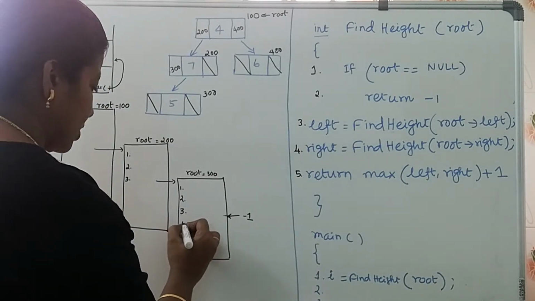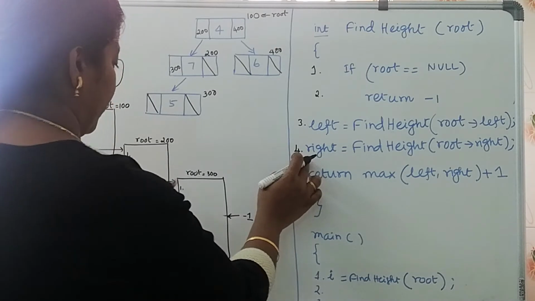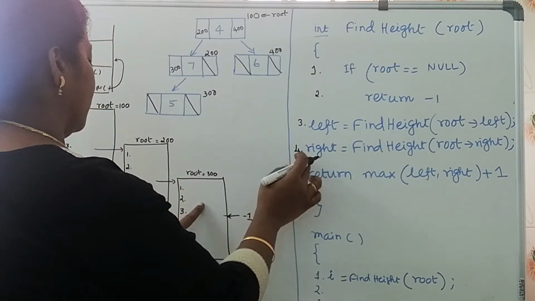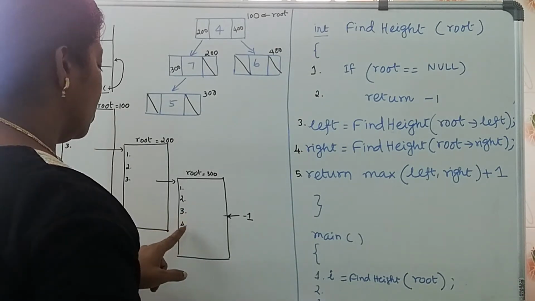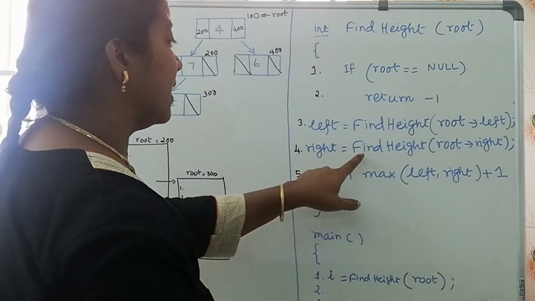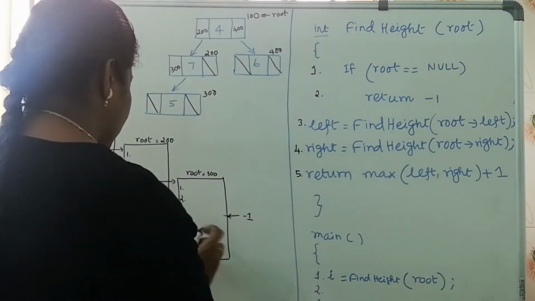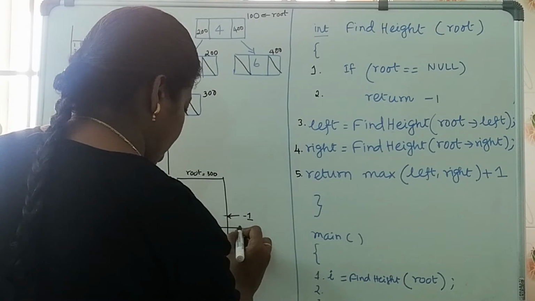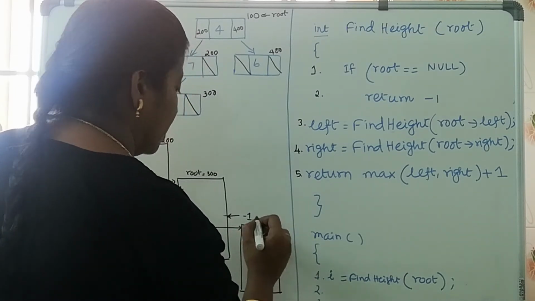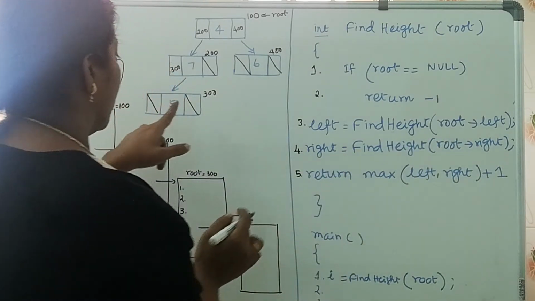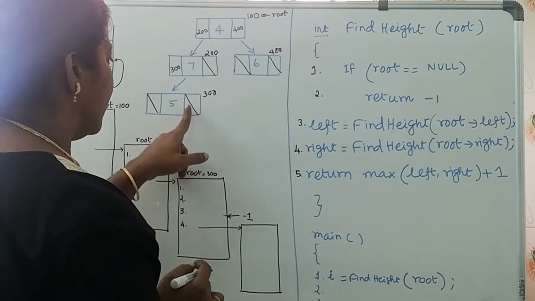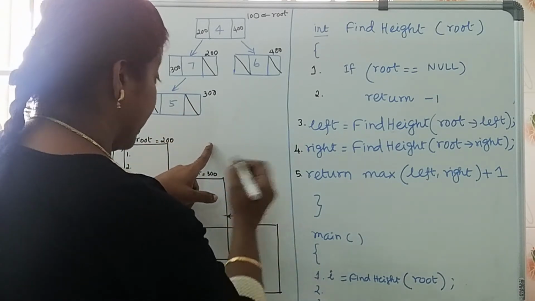Now it executes line number 4 from this activation, because this stack frame is active. In line number 4, find height gets called again, and a stack frame is initialized by passing the root of right. Now what is root? Root is pointing to 300, and 300's right: 300 is not having any right child.